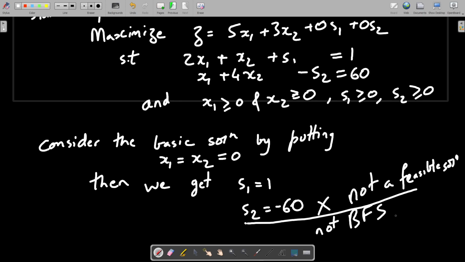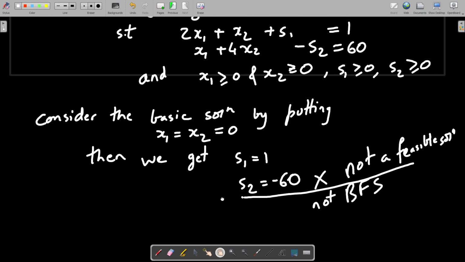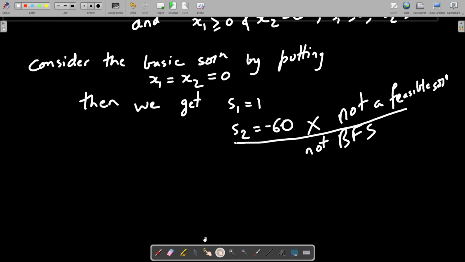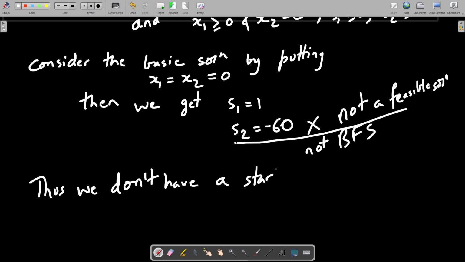Okay, so what we have to do here now, since we are in trouble over here, is we'll have to add something called as artificial variables for this problem. Thus, we don't have a starting basic feasible solution.